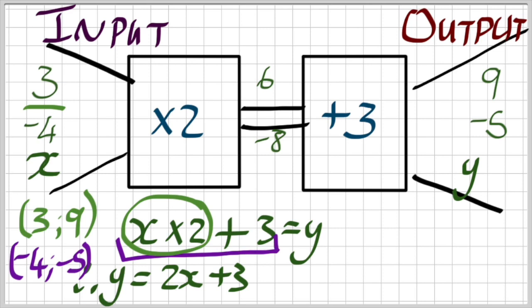Very important that you understand we've got input values and we've got output values. And the general formula that basically describes your x values going to your y values, in this case, is going to be y equals 2x plus 3. So whatever x value I put in, I times it by 2, and I add 3 to that.